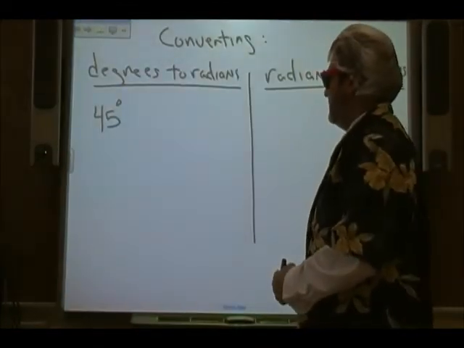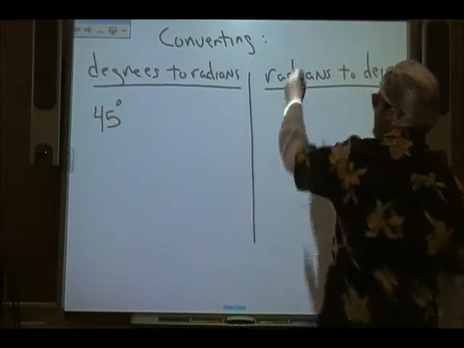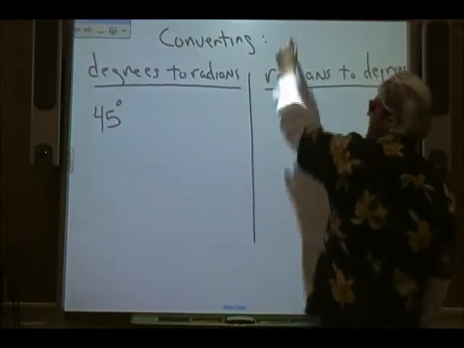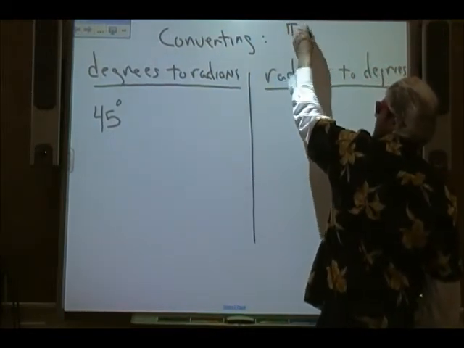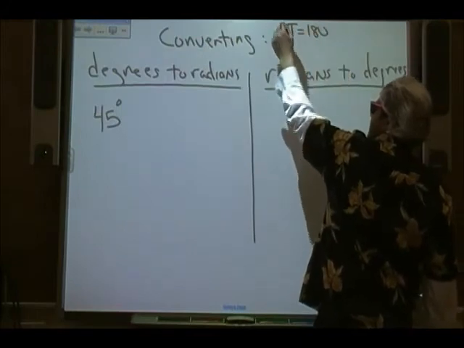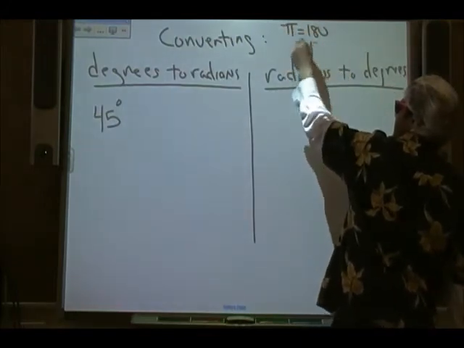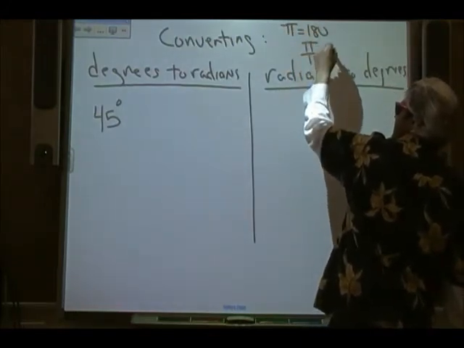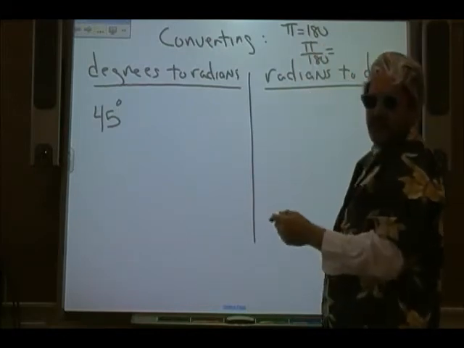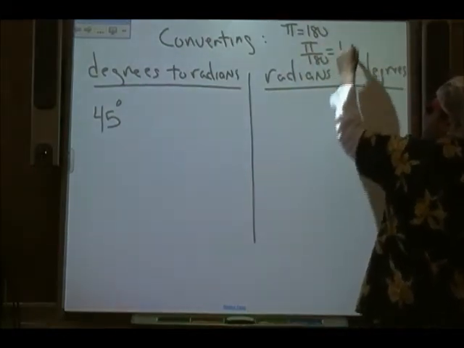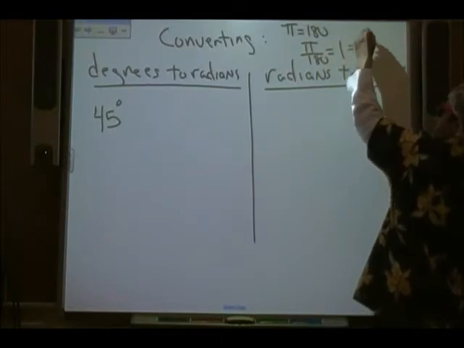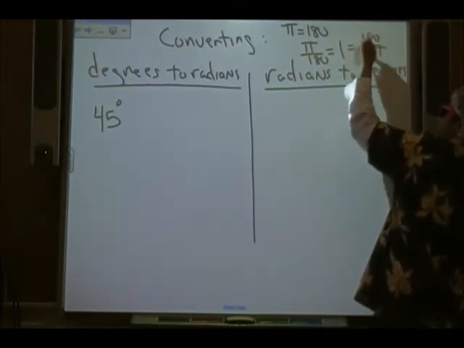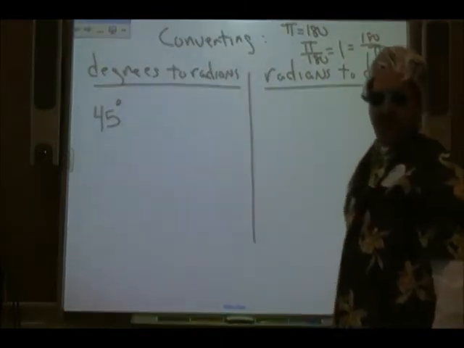What can I do? Well, if pi equals 180, then pi over 180, they're both the same, it equals 1. And that equals the same as 180 over pi. They both equal 1.